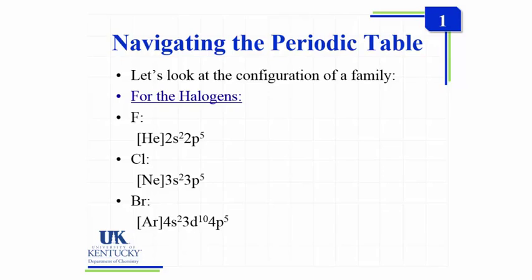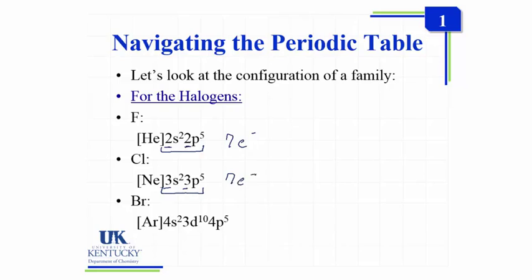So as we look down that family, we're going to see what they have in common. And that is, if you look at the highest principal quantum number, n, for these, there's your n, and you see how many electrons are in that shell with the highest n. You see that there are 7 electrons located there. Here we have an n that is 3, and if we look at all of those, we have 7 electrons.